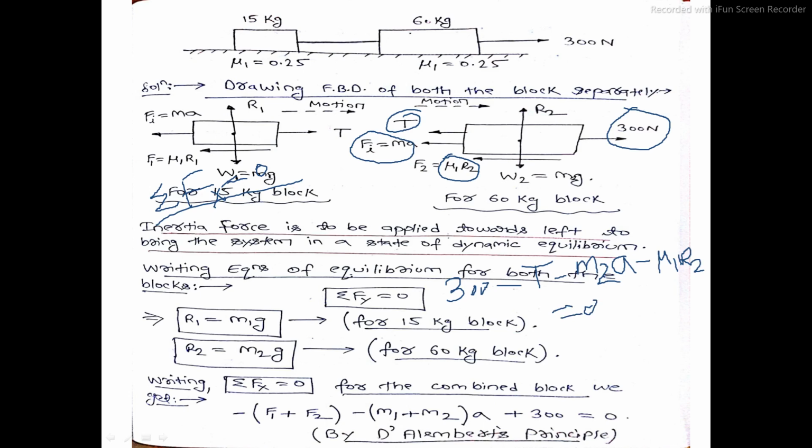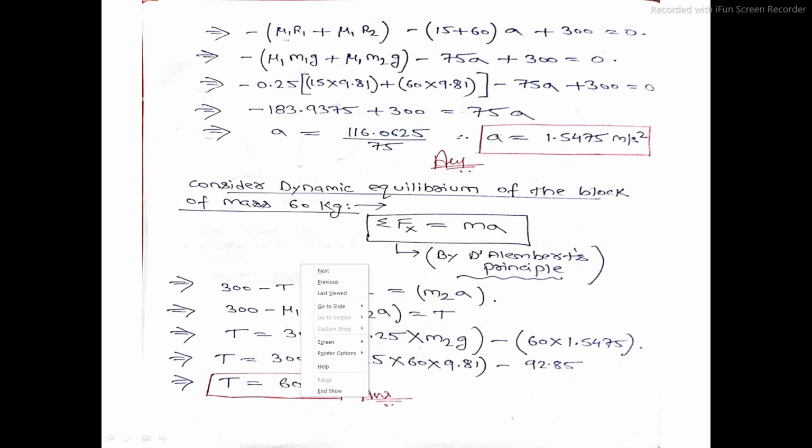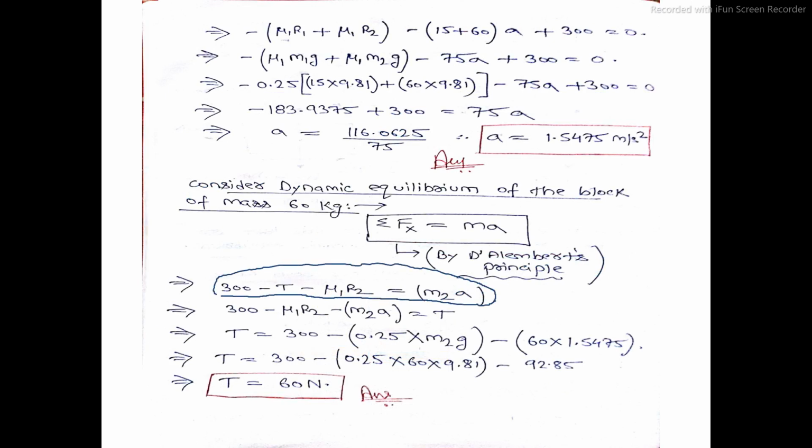So what equation I will get finally? 300 minus T minus mu1 R2, and bring this minus m2a on the right hand side, so it will be plus m2a. So finally you will get equation like this, that is 300 minus T minus mu1 R2 is equal to m2a.